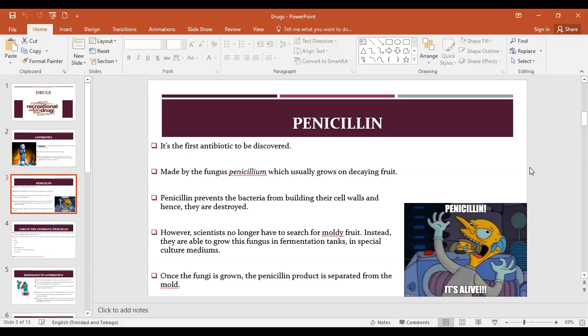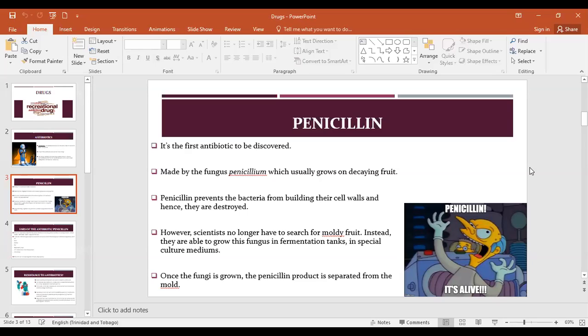Now, penicillin typically works by preventing the bacteria from building cell walls. A bacteria spreads because it is able to build cell walls and replicate itself. Once that process is inhibited, the bacteria will be destroyed. That is how penicillin works, and it can only work for bacteria.